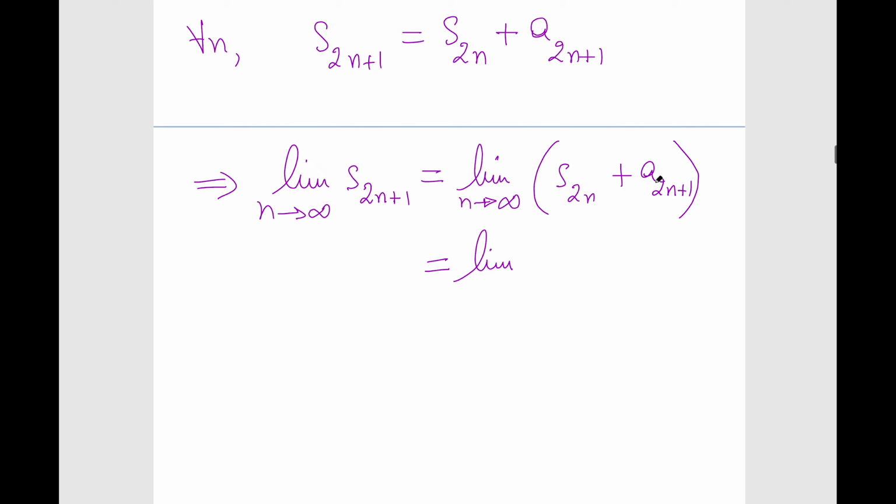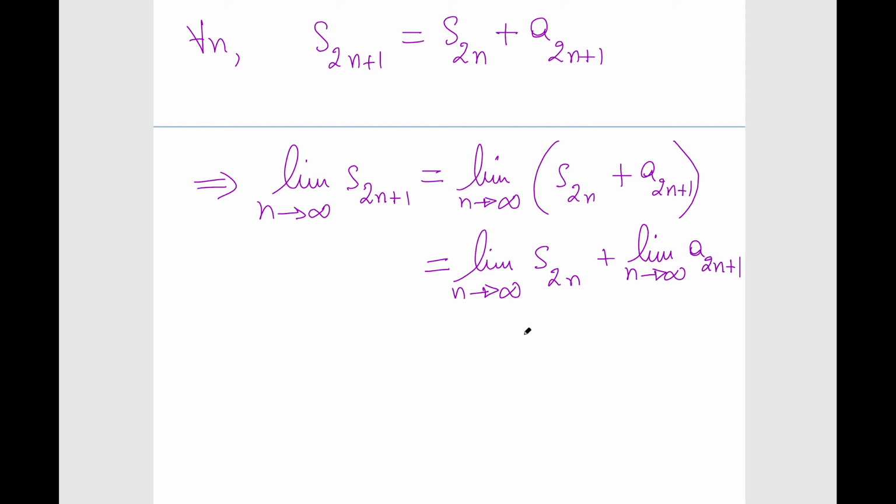If the whole thing goes to 0, certainly this also goes to 0. In particular, it's convergent, so you can split the sum.